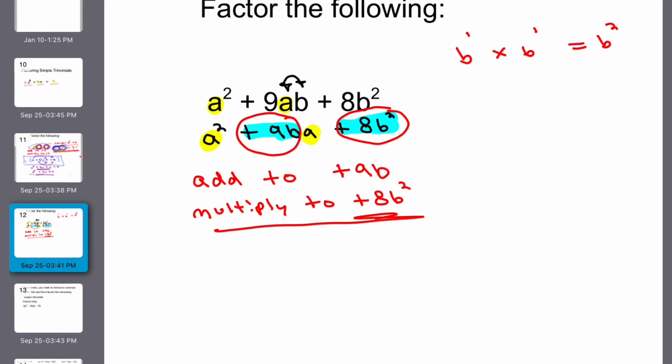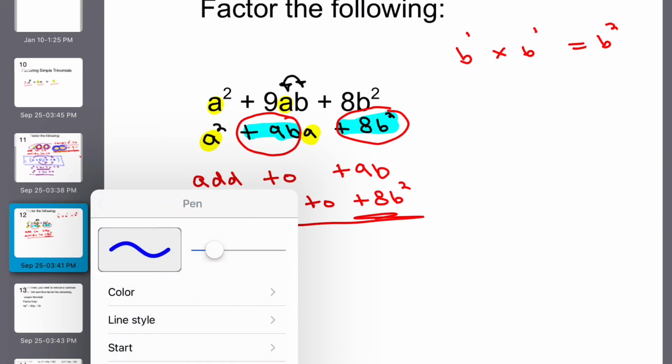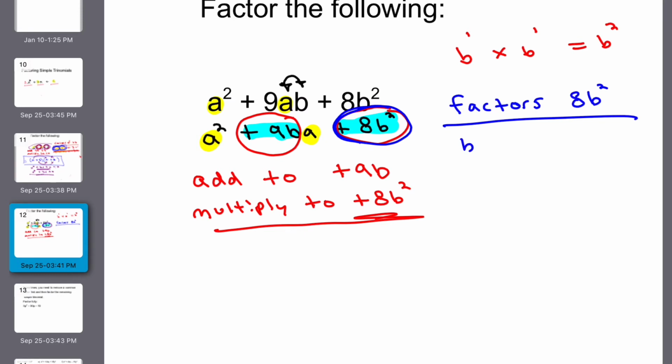Let me figure out some terms here. We are going to list factors of 8b squared. That's the best way to start this off if you're stuck. To multiply to 8b squared, we can do b multiplied by 8b. B times 8b gives you 8b squared.